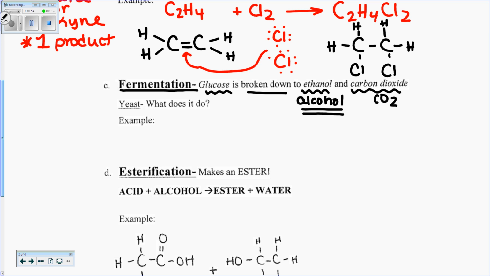To make alcohol, you take your yeast. What does the yeast do? The yeast actually helps us along. It's an enzyme, so it secretes what's called zymase, which is an enzyme.